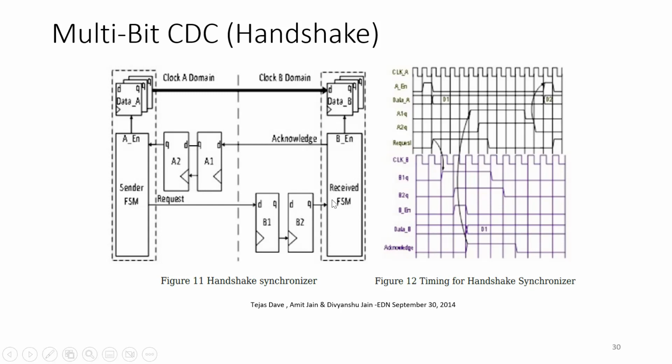Now, when B2 goes high, it immediately enables B. This B is my data grabber. Now it is enabled for one B clock cycle. This is the one.